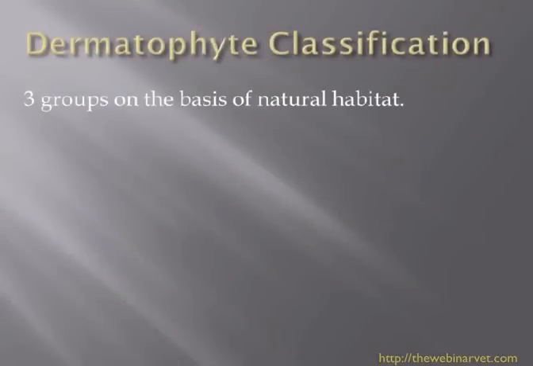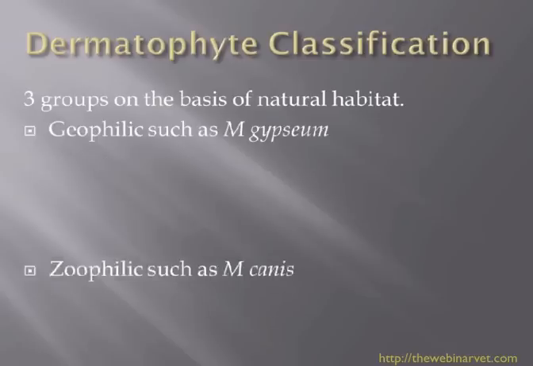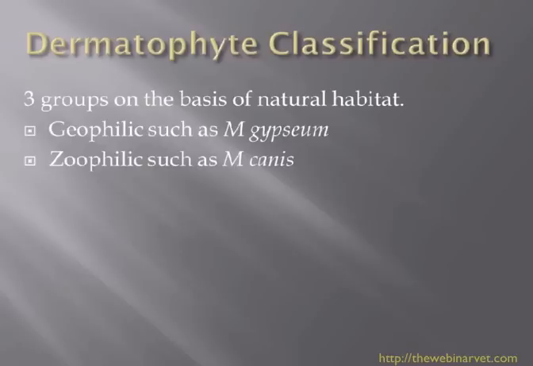Really three groups of dermatophytes that we can classify, and this is based on where they tend to live. So we have geophilic dermatophytes such as Microsporum gypseum, which are found in the soil but which can infect animals. We have zoophilic ones, which really are found on animals and are transferred between animals and can't live in the soil or don't do very well in the soil in the natural environment.